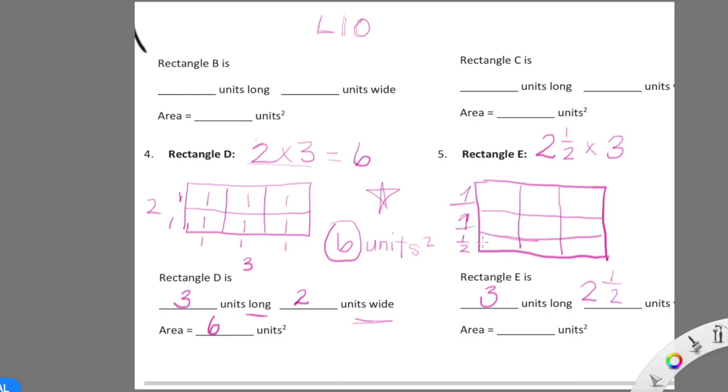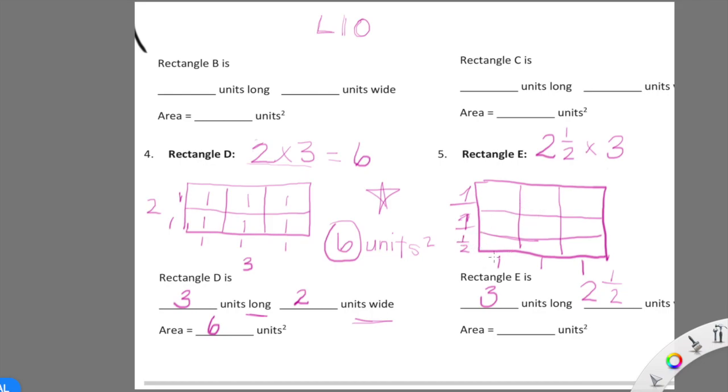This rectangle is 2.5 units wide, and then it is 1, 2, 3 units long. So we're looking at 2.5 times 3. And now that we've set up our tiles, our wobbly tiles, we're just going to multiply and put our products inside each tile.